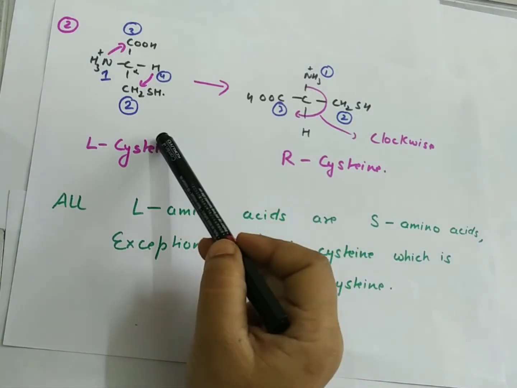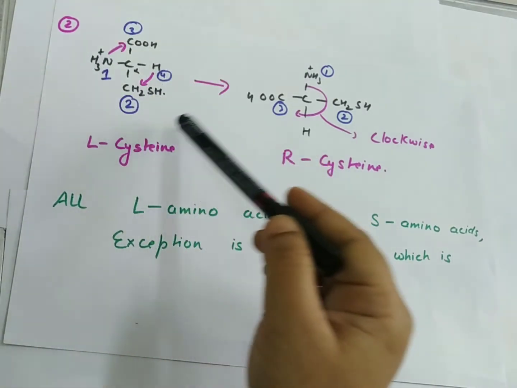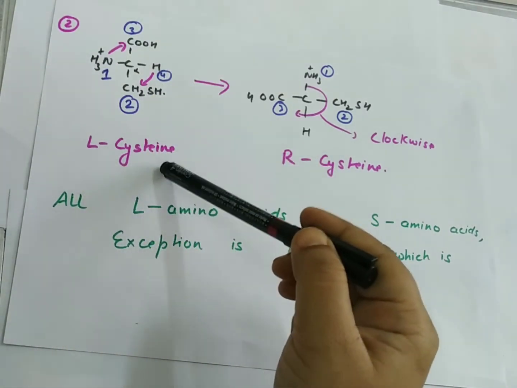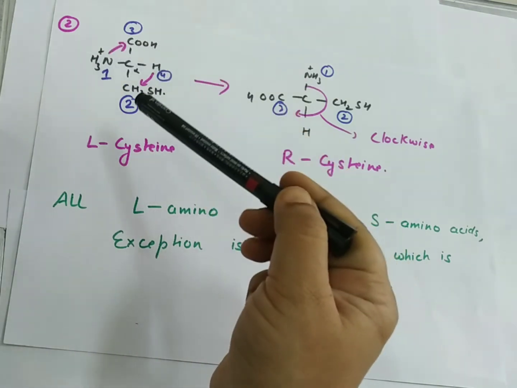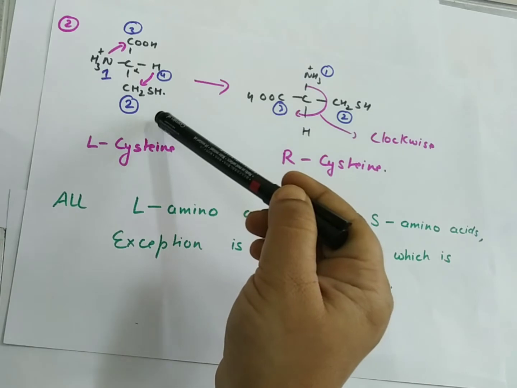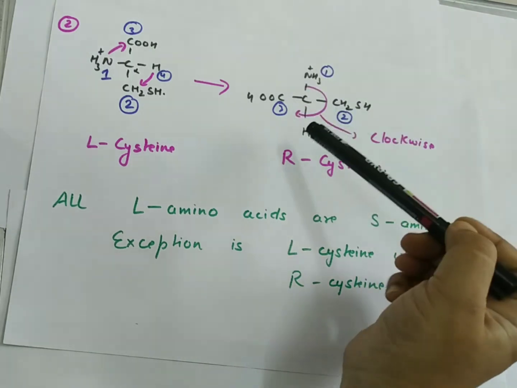That is cysteine. Now this is written in the DL form. This is L-cysteine. What we have to do? First, we have to flip the molecule so that H comes here, the position where H will be at the farthest point from the viewer. So we write it this way.